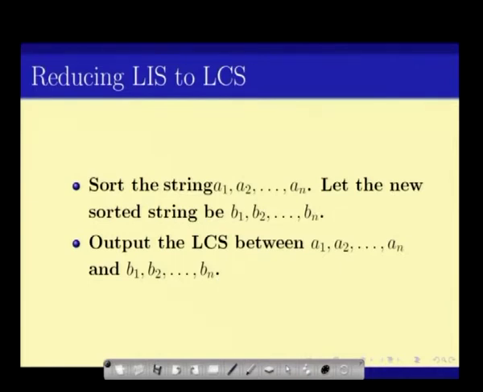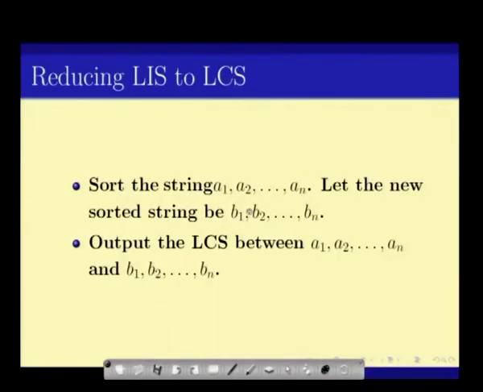Any common subsequence of a1 to an and b1 to bn must be increasing, because it is a subsequence of b1 to bn, which is sorted. So, the output is at least an increasing subsequence of a1 to an. And why is it longest?